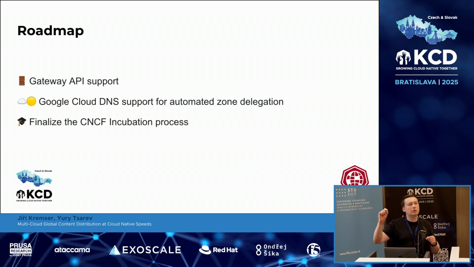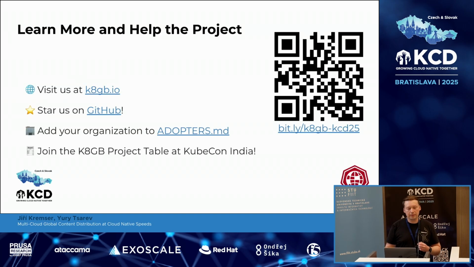It's just that automated zone delegation is not fully supported out of the box, but you can configure it by other means, and it will still properly steer the traffic. And we really want to finalize the CNCF incubation process. As I mentioned, we are in the middle of the path there.